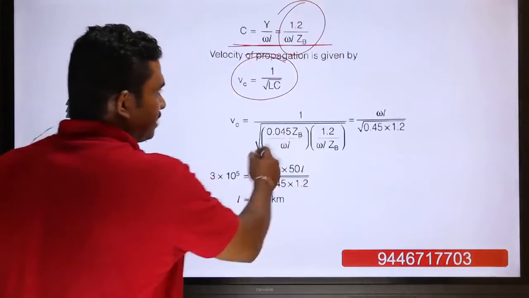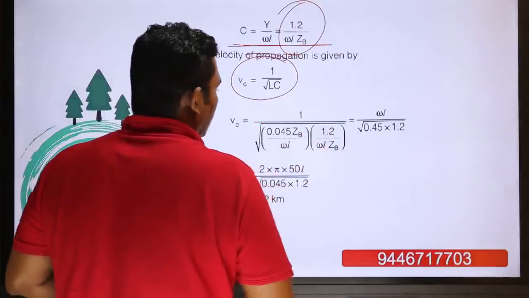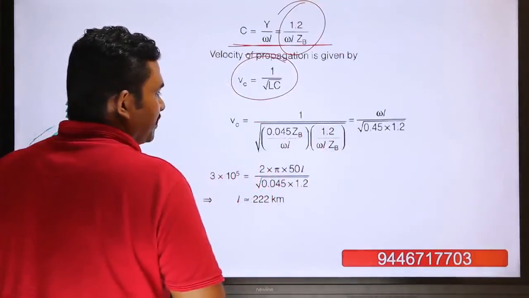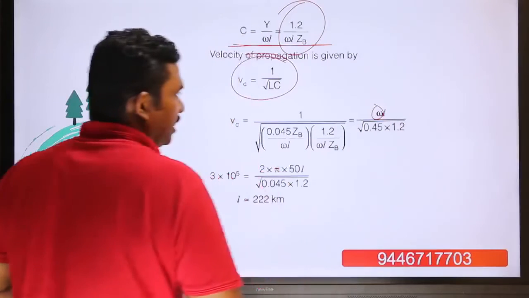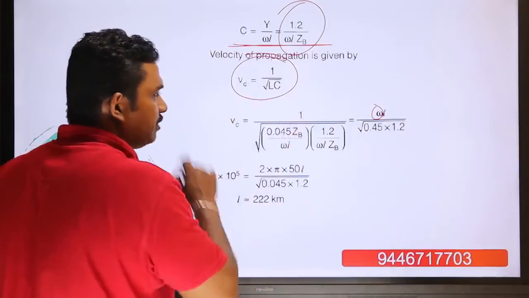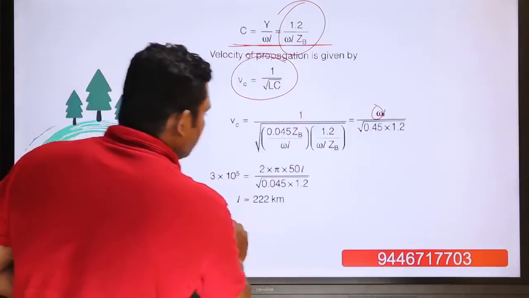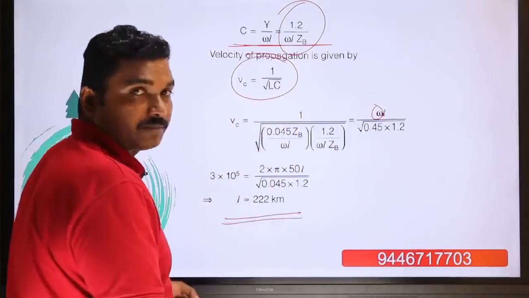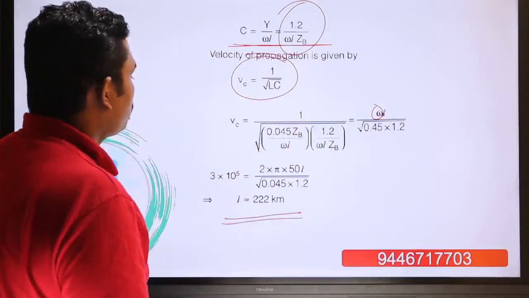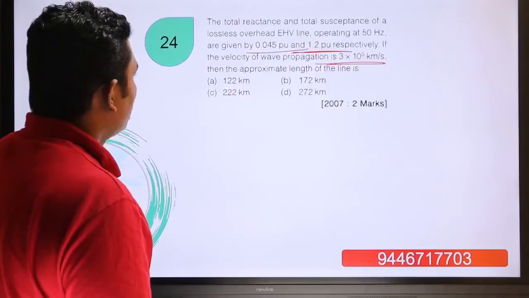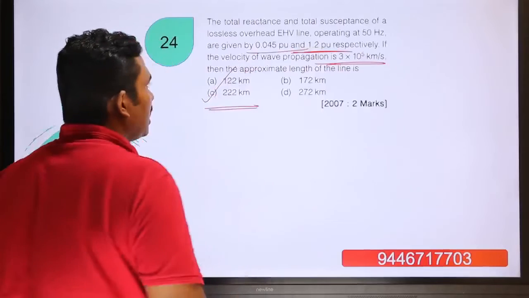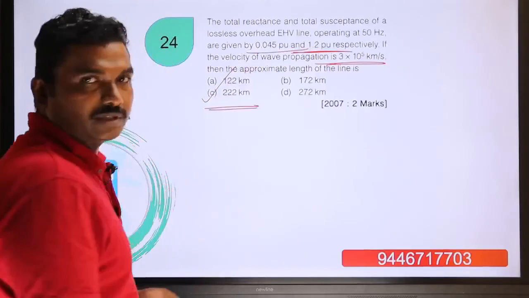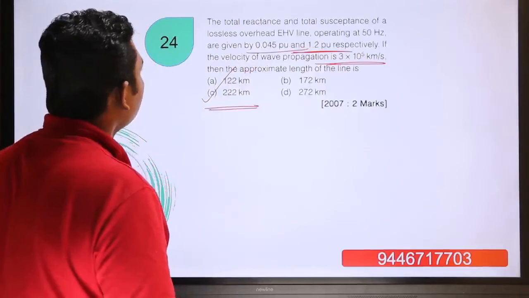When you substitute this into the expression, and substitute omega as 2 pi f, then L will be the only value remaining. Approximate value of L can be obtained from the solution as about 222 kilometers. So what will be our answer? Our answer will be option C, 222 kilometers for question number 24.